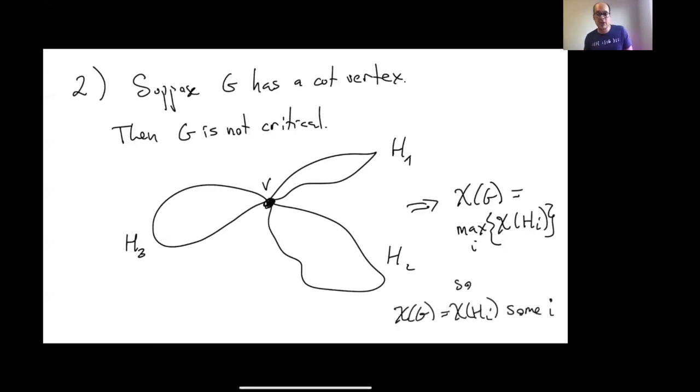In particular, the chromatic number of G is the chromatic number of H_i for some i. Well, if these H_i are actually smaller than the original graph, then it's not critical, because the chromatic number doesn't drop for a subgraph. So that means it's not critical.